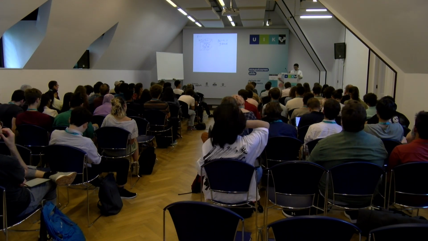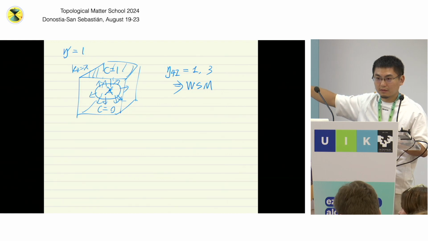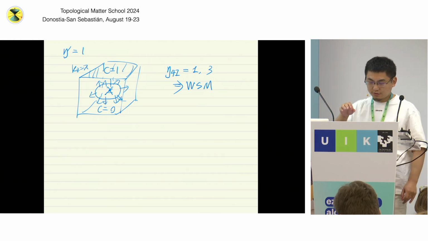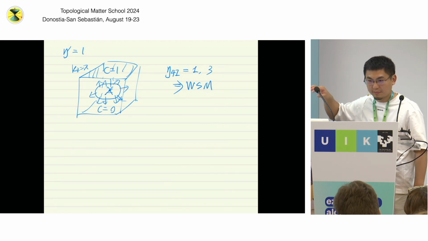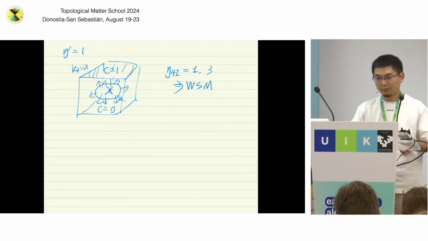If we impose time reversal symmetry on this model, it's still a Weyl semimetal with several points. But in that situation, this Weyl semimetal is no longer detected by the symmetry eigenvalues, when time reversal is present.